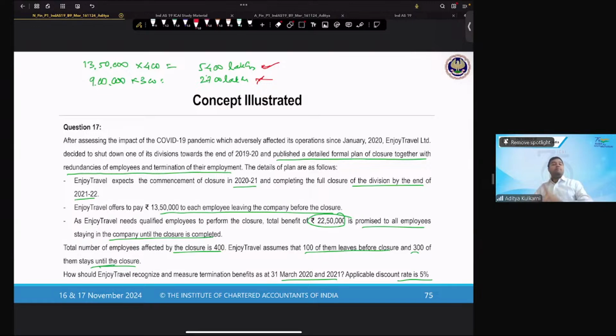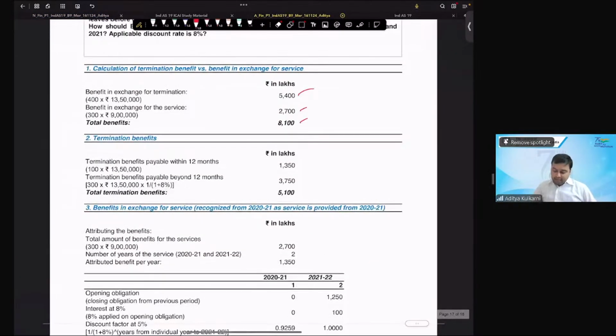That means 100 people are not there to complete the closure. That means 100 people's payout happens immediately because they are getting terminated immediately. So therefore, 100 employees into 13,50,000, 1,350 lakhs is the payment that has to happen within 12 months.